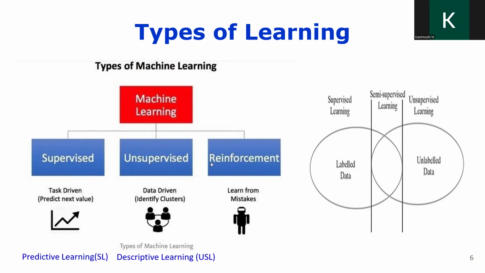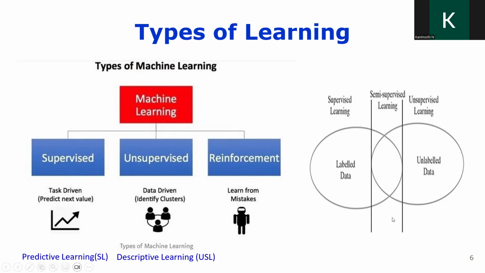Whereas unsupervised machine learning is when you don't give any answers, the machine just looks at the data and finds patterns on its own, like grouping customers by what they buy. And finally, reinforcement learning. It is like learning by trial and error. The machine tries different actions and gets rewards or penalties and slowly learns the best way to do a task, like playing a game or controlling a robot.